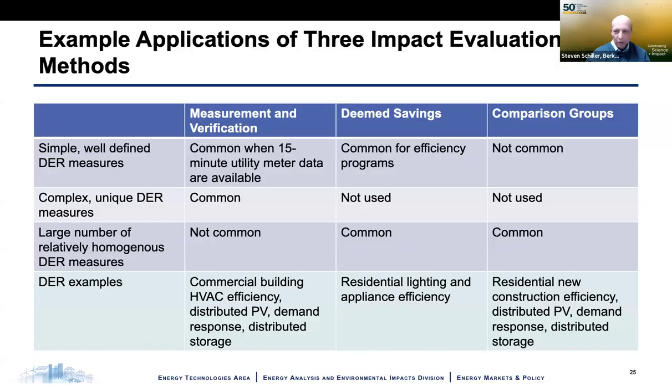Whereas with the comparison groups, if you have well-defined measures, you're going to use deemed savings. If it's complex, unique DER measures, it's just going to be impossible to come up with control groups. So where you're really using the comparison groups is with, say, residential new construction efficiency programs, distributed PV, demand response programs, and in some cases distributed storage, where you have large numbers of participants and it's possible to pull out a control group.